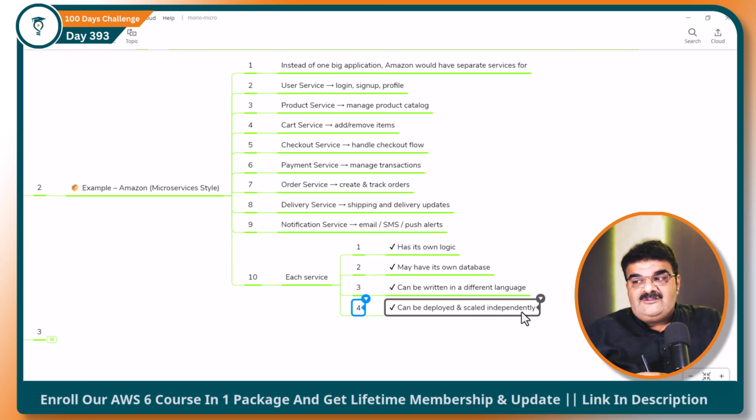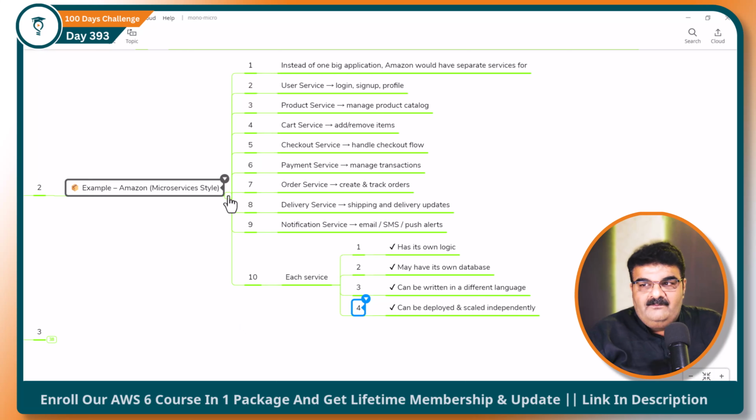They are even installed separately, and automatically scaled based on the specific service as well. So here we have so many microservices working together in a single application called Amazon.com.